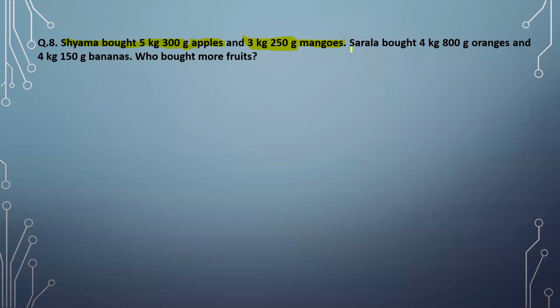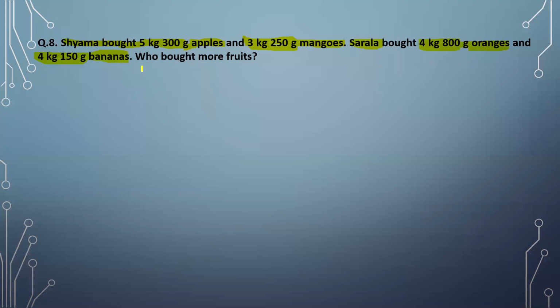Now the second person is Sarla. She also bought some fruits, but different fruits. She bought 4 kilograms and 800 grams of oranges and 4 kilograms 150 grams of bananas.